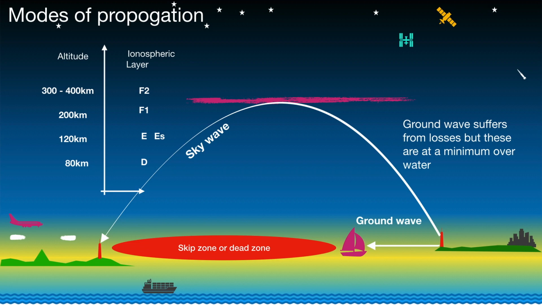So, for example, with the container ship shown there from the transmitting station on the right, it is impossible to have communication. However, further on at the receiving station on the left, the sky wave makes it, because of the refraction of the ionosphere. So sky wave, ground wave, and skip zone or dead zone.